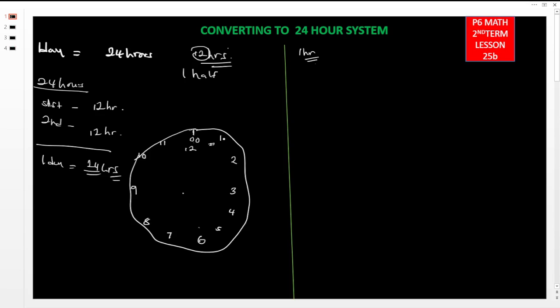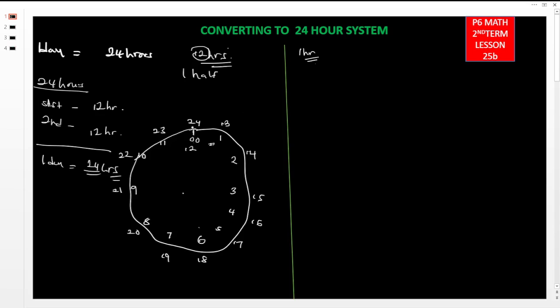Our clock face has no 13, but we have covered the 12 hours. So this will be the 13th hour. Then 13, 14, 15, 16, 17, 18, 19, 20, 21, 22, 23, and 24. Are you getting that?